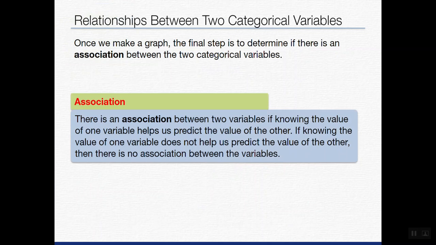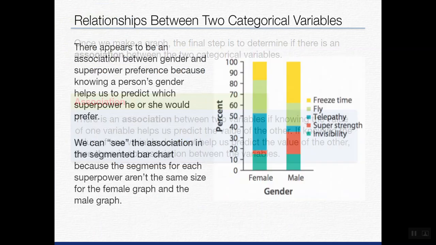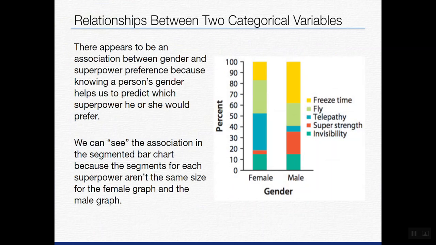However, just having an association between two variables does not mean that one variable causes the changes in the other variable. Typically, data shown in the media will only be data that shows an association between two variables. One way of showing association between two categorical variables is a stacked or a segmented bar chart.